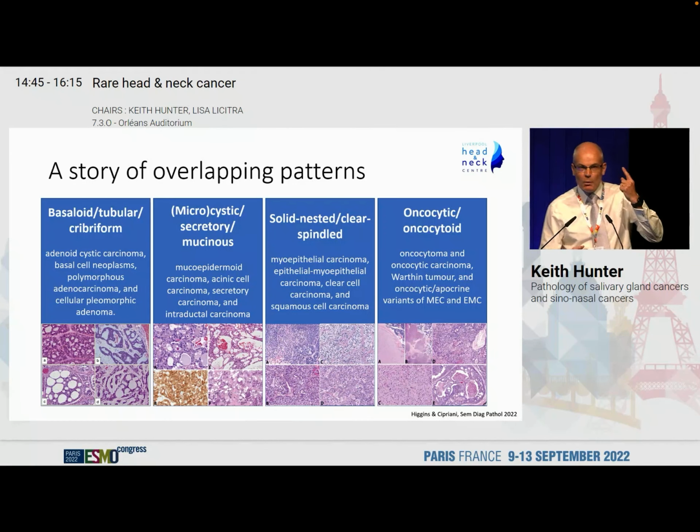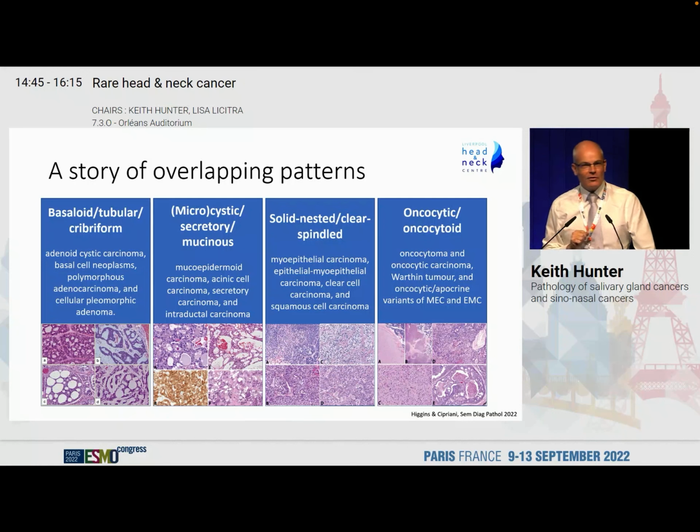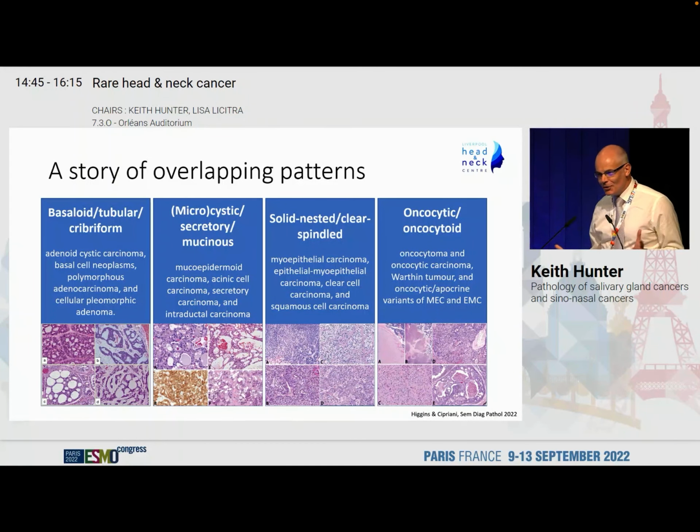And of course, it might not just be one development, and that development might be morphologically very similar to the original pattern that you saw, or it might only be evident when you do immunohistochemistry to see that the same cell populations are there. And then, of course, you come to the next slide, and you may well have some extent of a recapitulation of the original features of morphology which were present in the original slide.